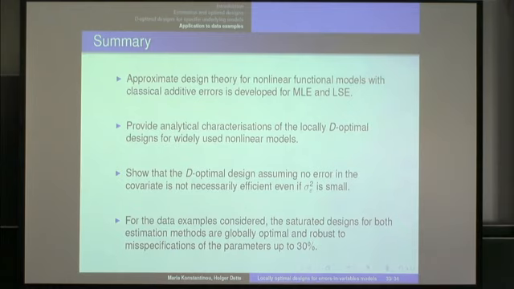And from these characterizations and the data examples we considered, we showed that the design assuming no error in the covariate is not necessarily efficient, and one has to compare this variance with the variance of the response error to decide whether we ignore this error or not.